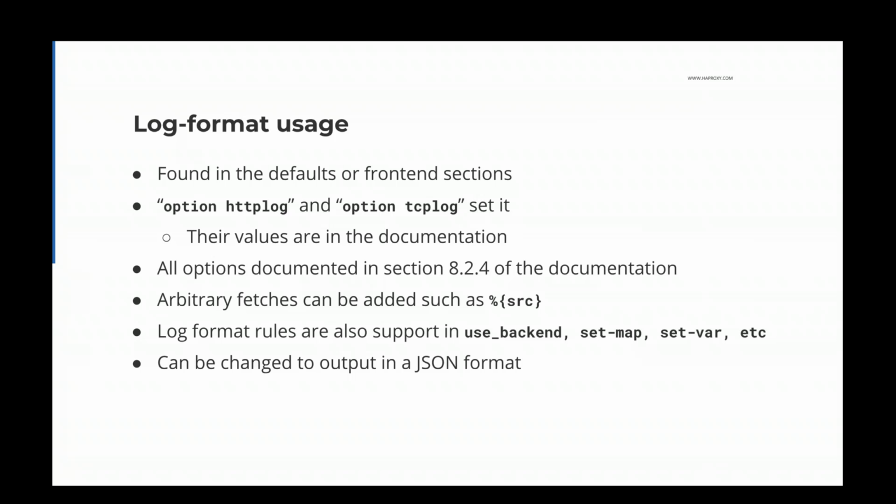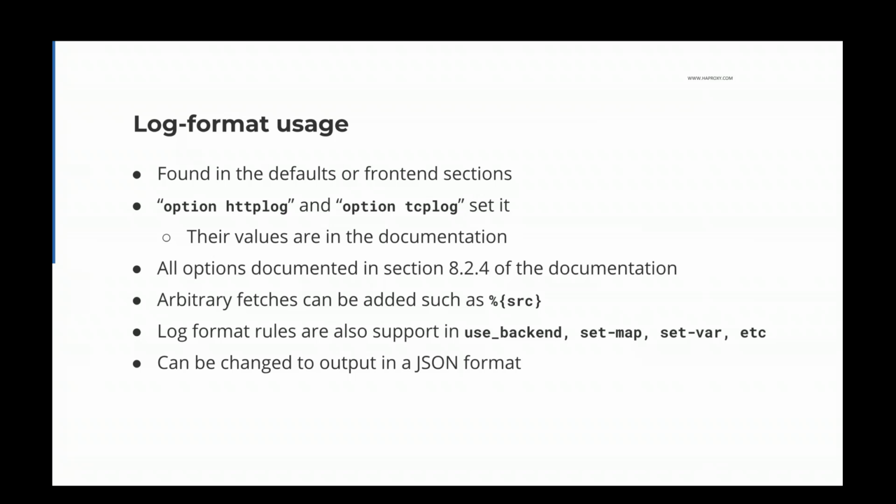Using src in this case would log the source IP address, which is done by any fetch that can be used. You just put it in braces starting with a %, and you can log almost anything. There's no reason to log src, but it is useful if you're doing rate limiting, for example, and you want to log the rate limit.